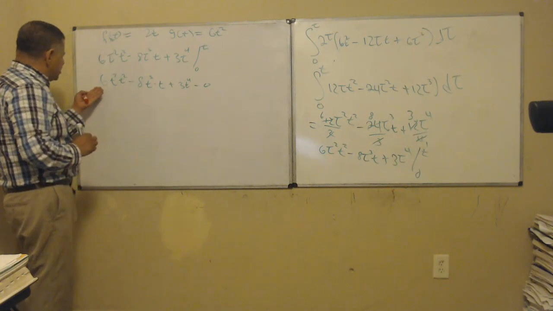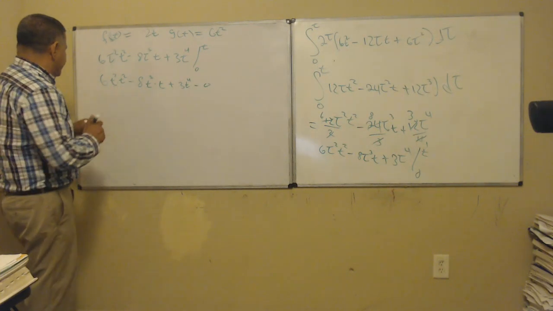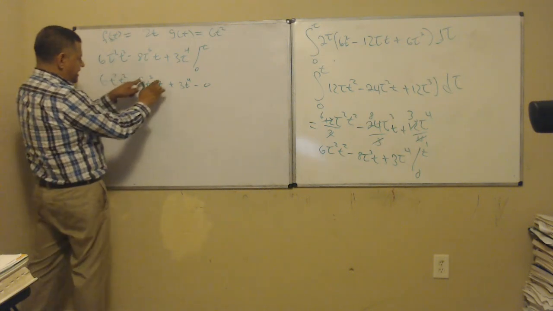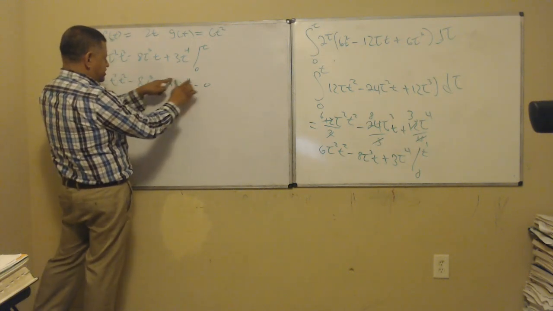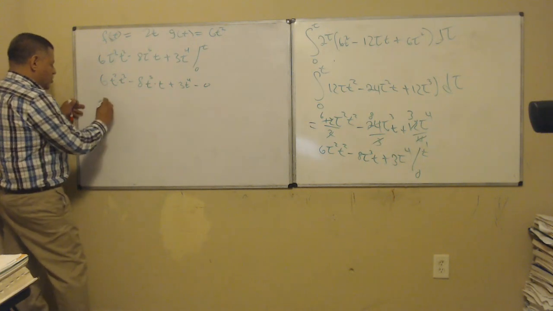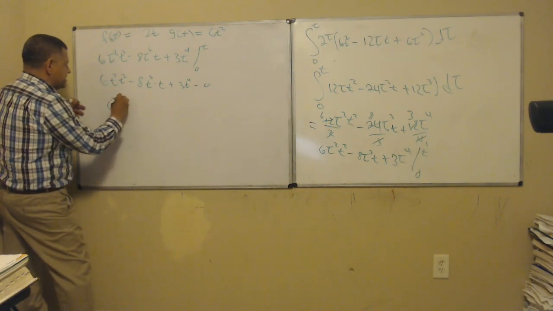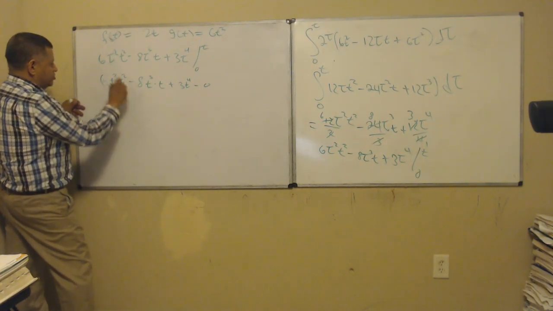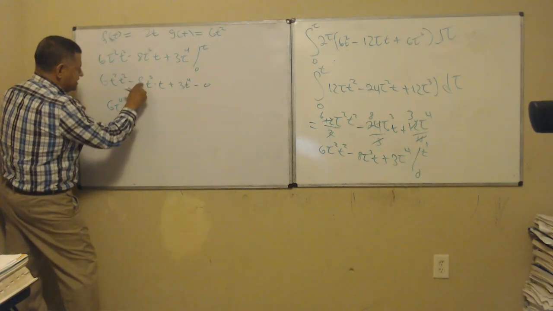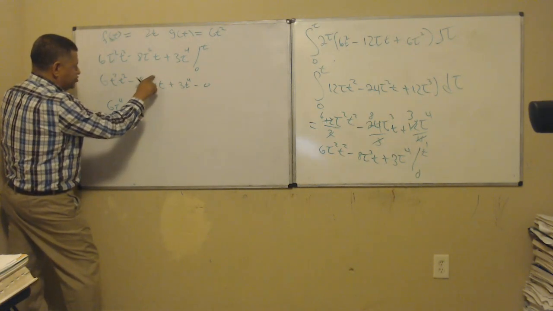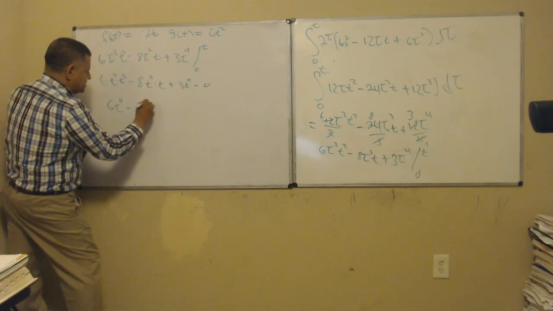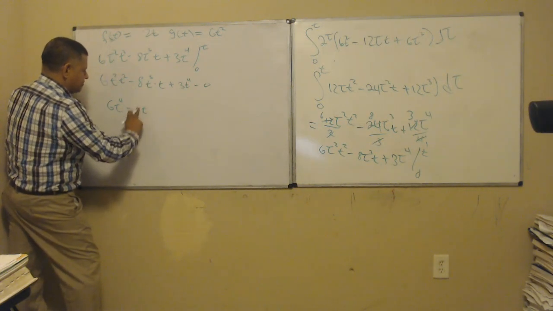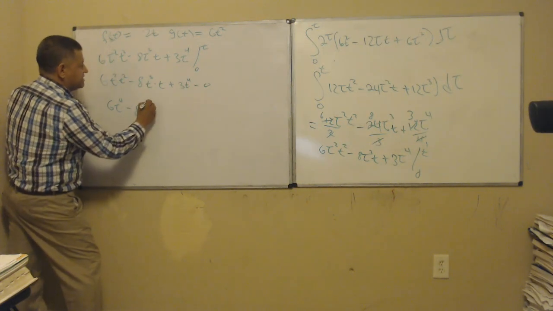Now what I can do is just simplify the exponents and then add those. So I get 6t to the fourth, adding those two exponents, minus 8, 1 exponent plus 3 is going to be t to the fourth.